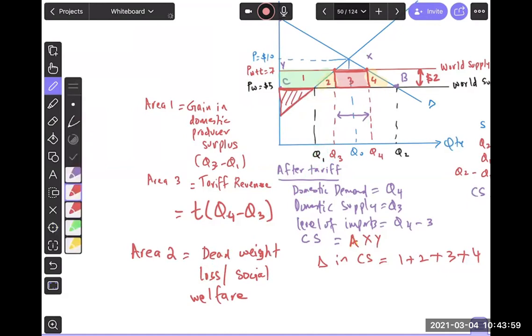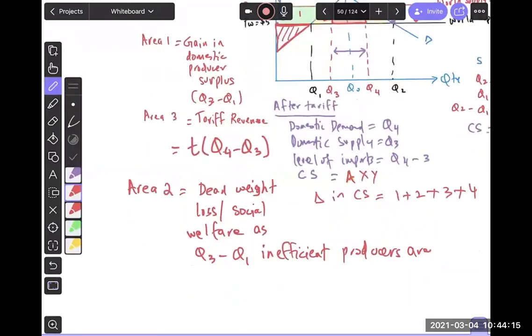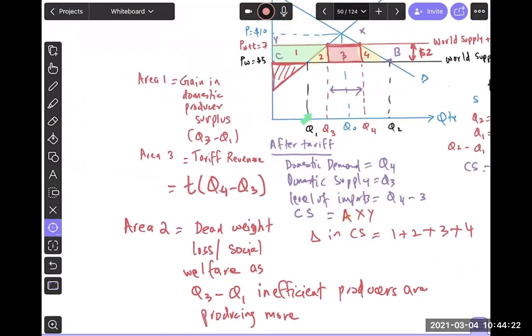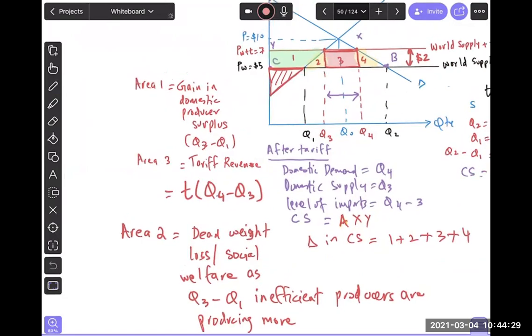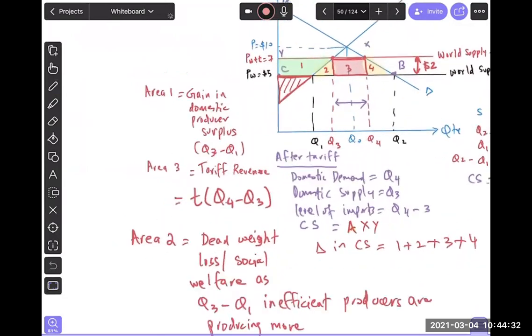Because we have Q3 minus Q1 inefficient producers producing more. Are you all with me? Because Q3 minus Q1 are the inefficient producers, they are producing more. We have ended up with a situation that area 2 is not going to any party, right?